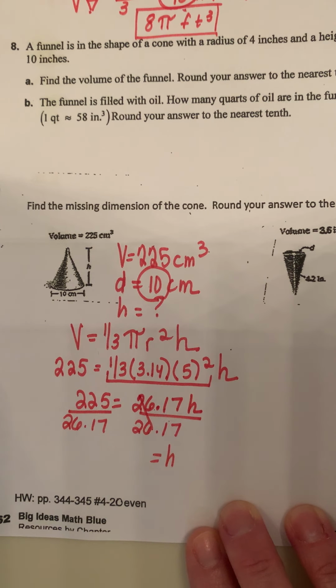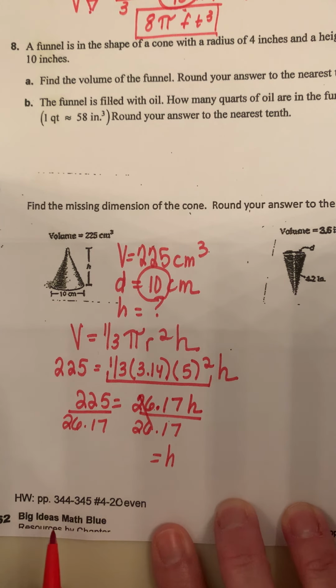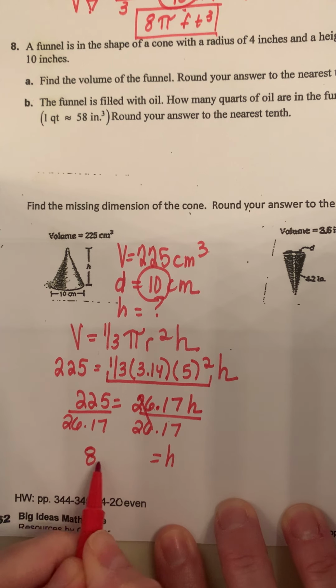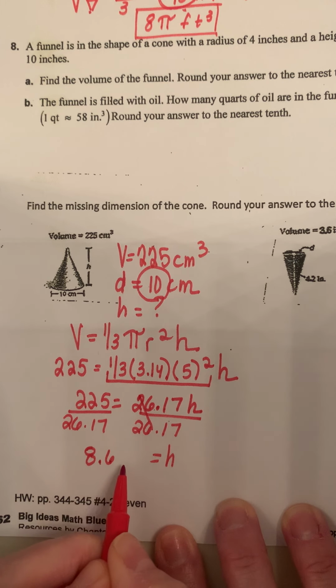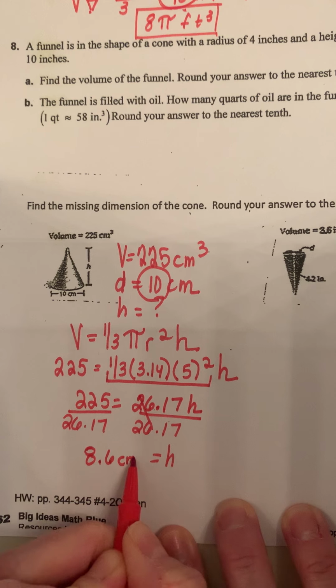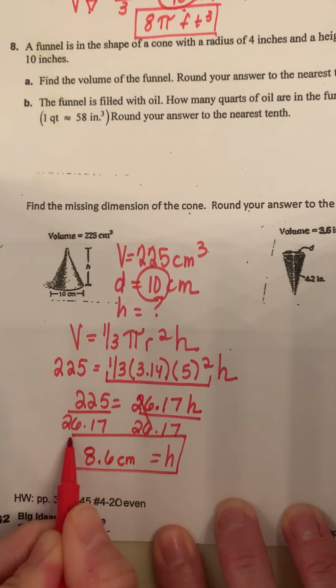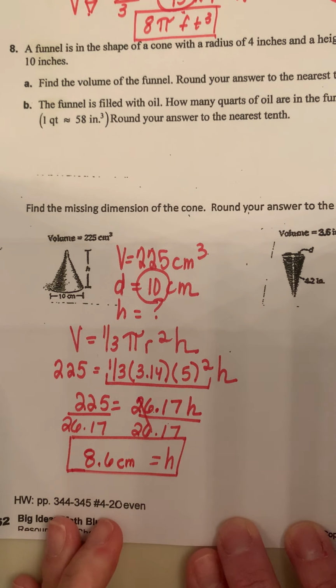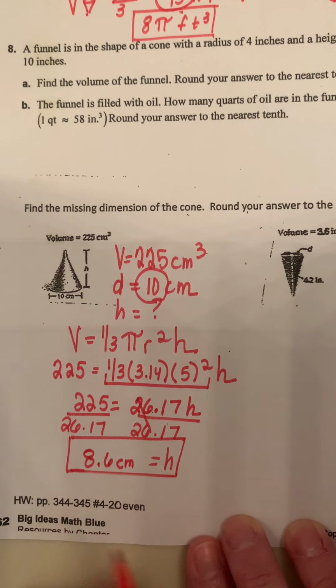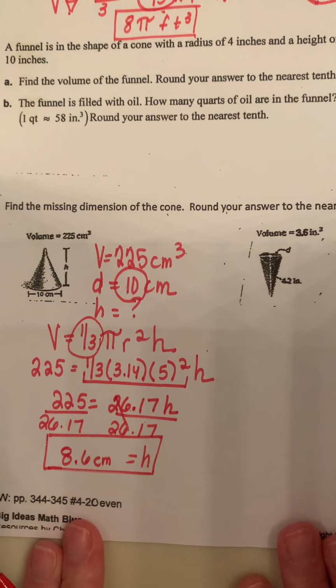So when you do that, 225 divided by 26.17, you should get about 8.59, so about 8.6, and it is centimeters. And it's kind of like we did with the cylinder volume when we're looking for the height. The only difference is we have that 1/3. It's the only difference, okay?